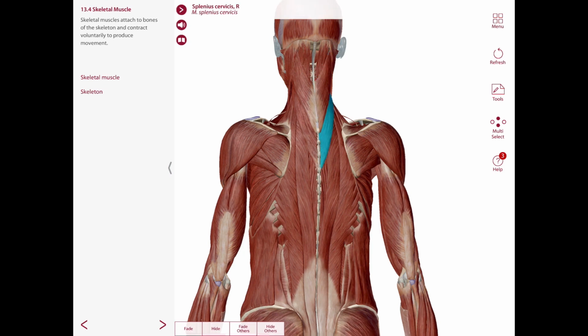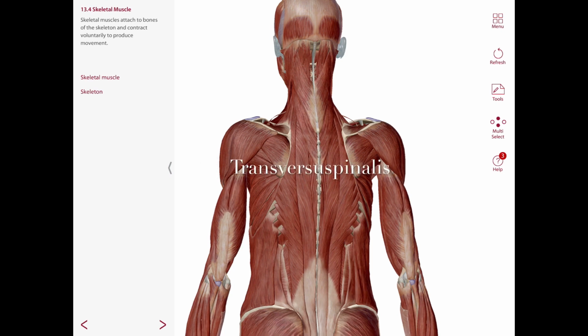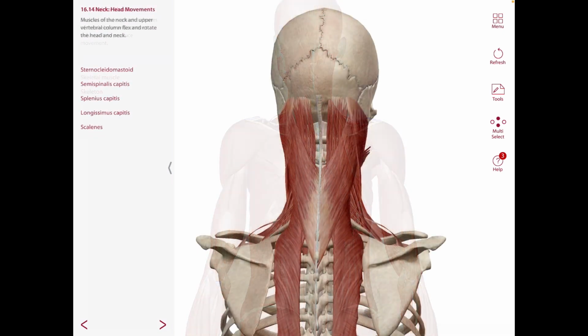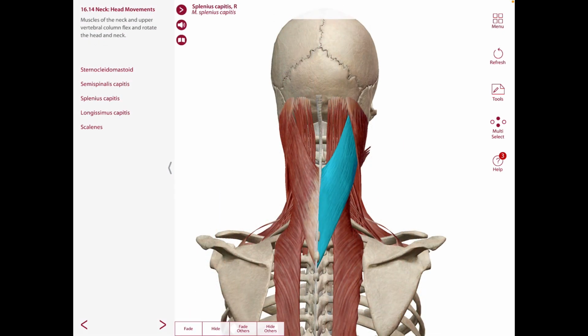We also have an intermediate layer, which is formed mainly by the erector spinae muscle. And then there's a deep layer formed by the transversospinalis muscles, and these fibers run superiorly and medially.